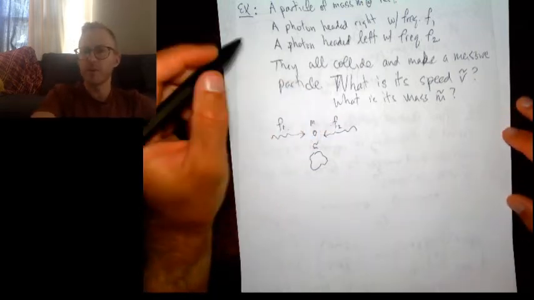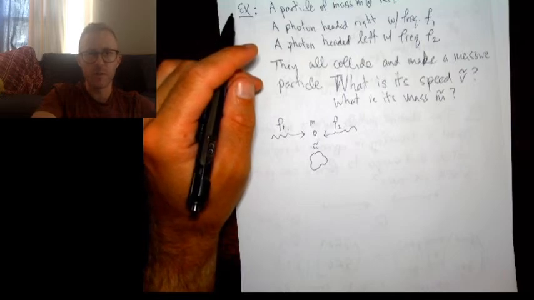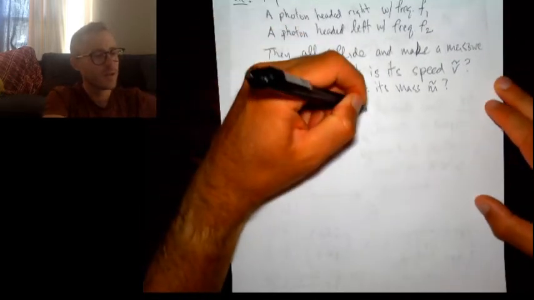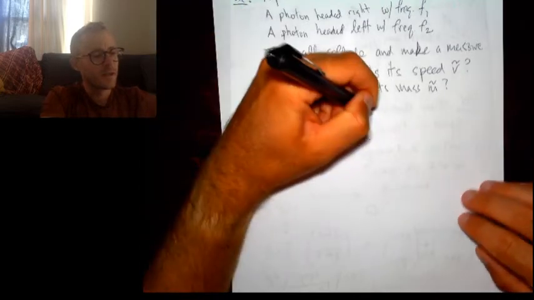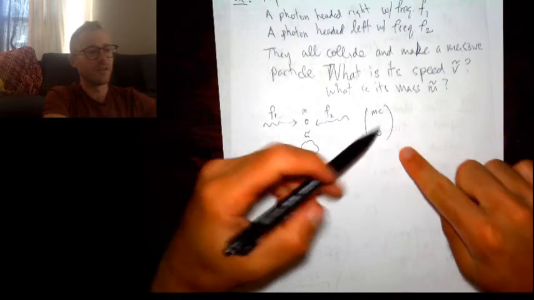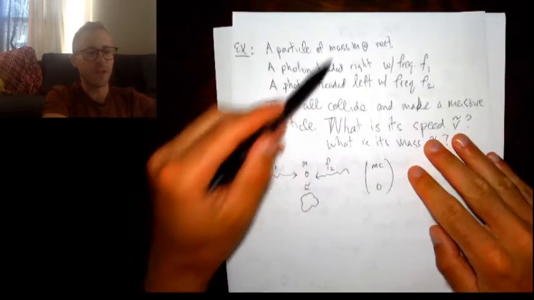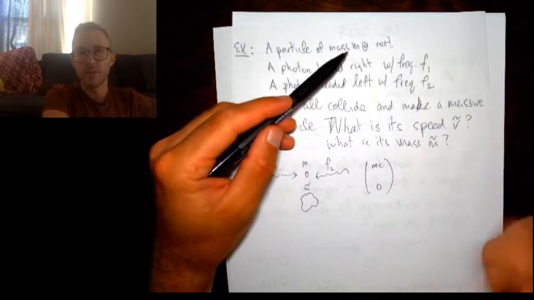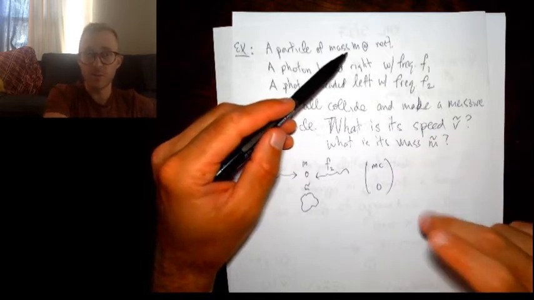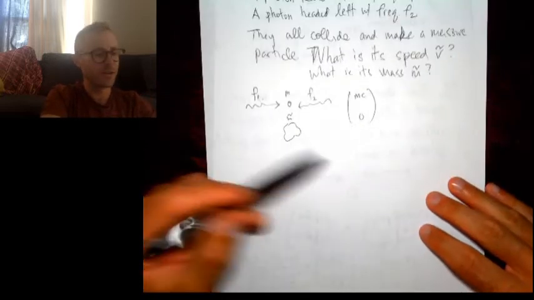Okay, so I'm going to quickly write out the law of conservation for momentum. So it would be mc0. This is the particle of mass m that is at rest. Remember, if it's at rest, then v equals 0, and therefore gamma equals 1. We have mc0 there.